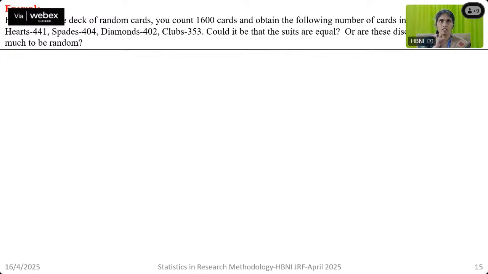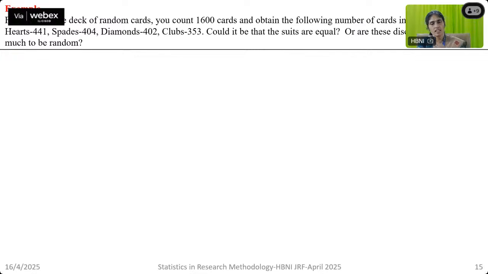One such example: you are choosing cards randomly from a huge, infinite deck of cards. Say one person is picking out around 1600 cards, and he is getting around 441 hearts, 404 spades, 402 diamonds, and 353 clubs. He has got around 1600 cards in total.